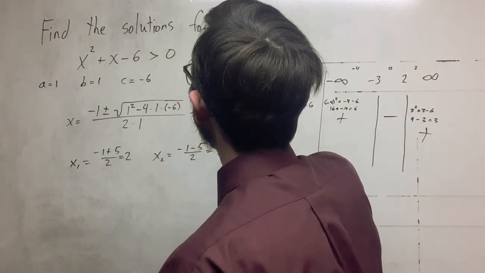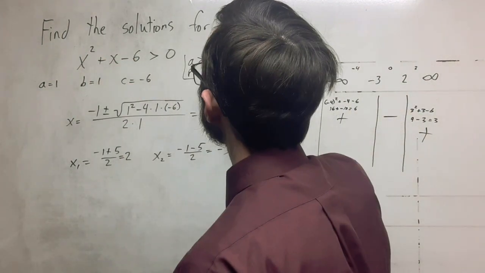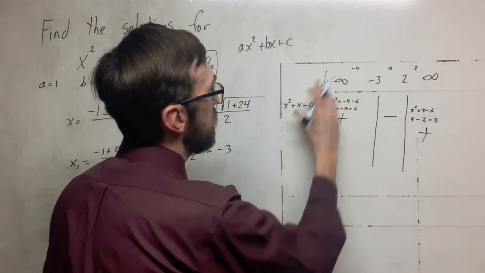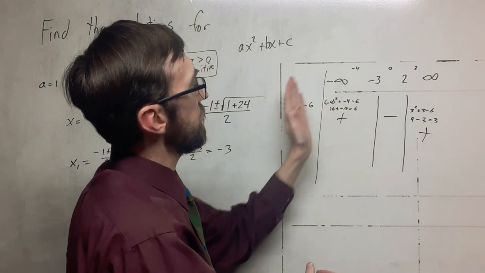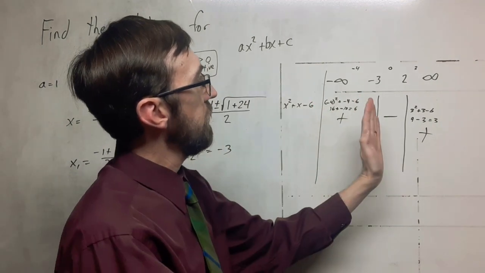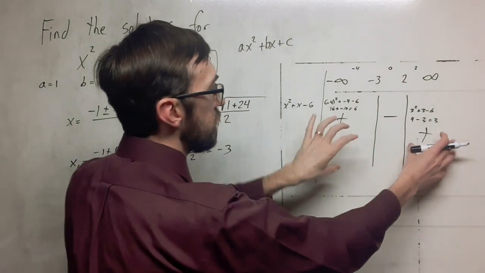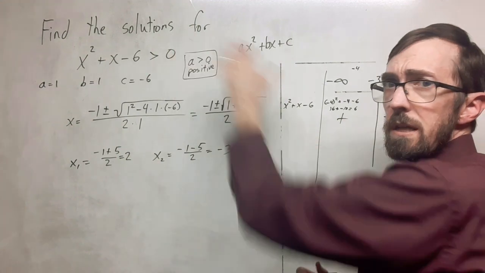So we need all x's that we can plug in here that give us a positive value. When we look back at our chart, that's going to be this section and this section, the interval from negative infinity to negative 3, and the interval from 2 to infinity. Those both gave us positives over here, and that's what we're looking for here.